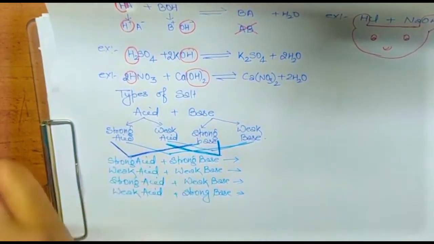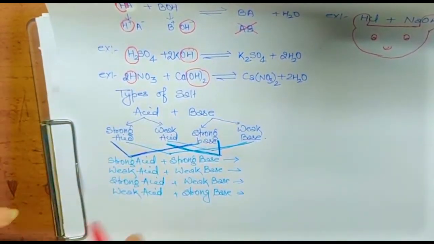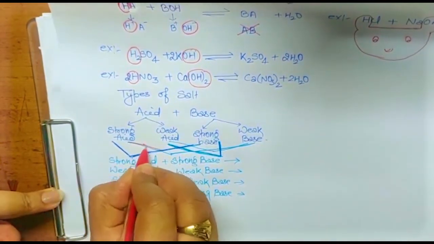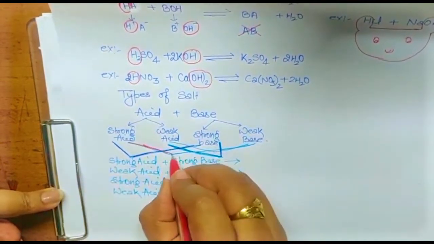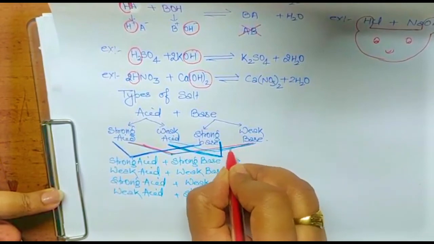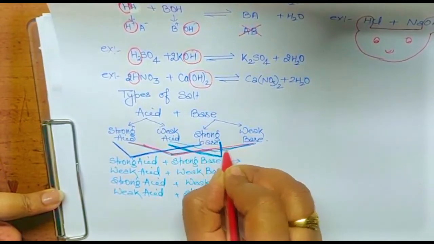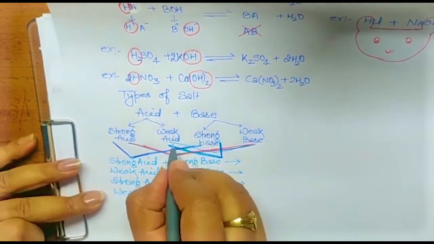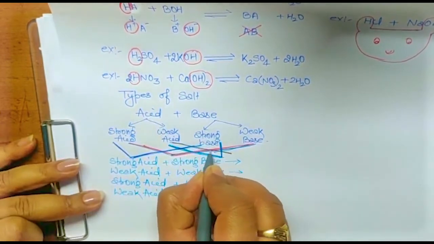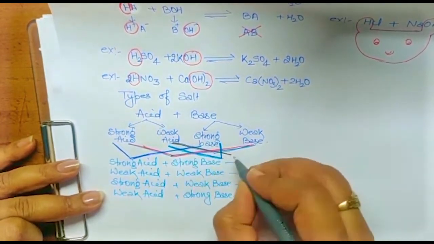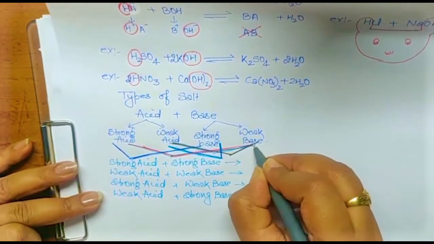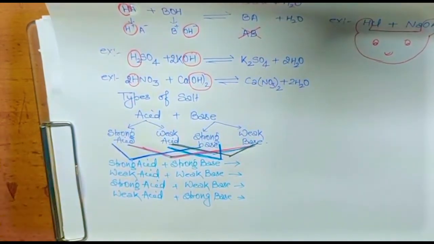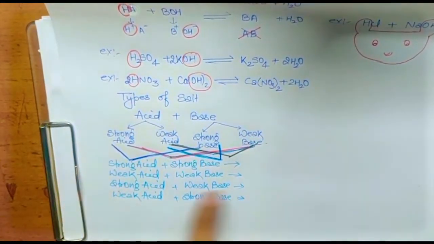Now this strong acid and weak base, let me make it red. This combination, are you clear with this? Yes. And the next one is weak acid and weak base. Clear? So we have 4 salts. Is it clear, all this?